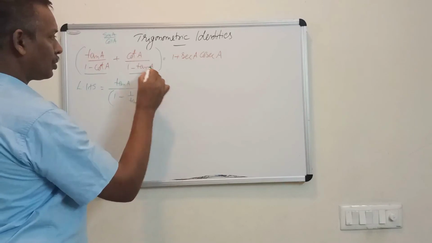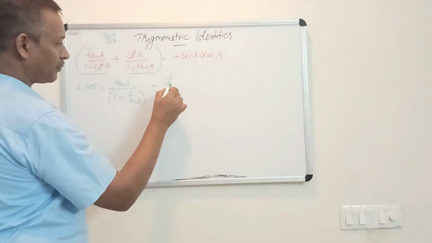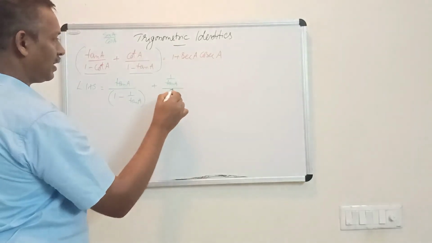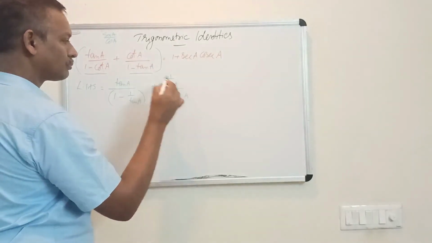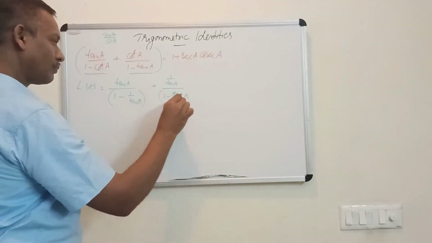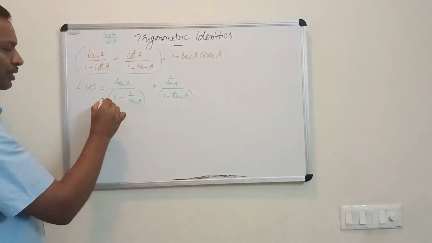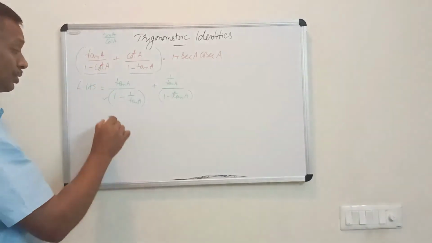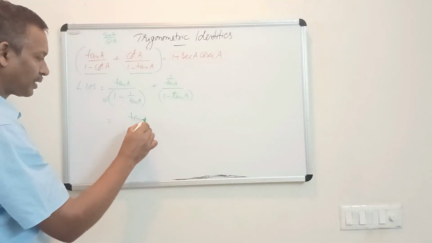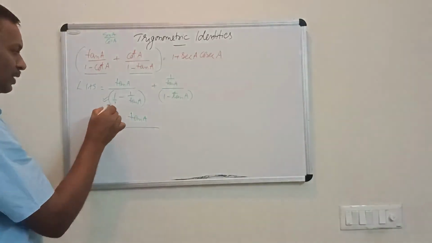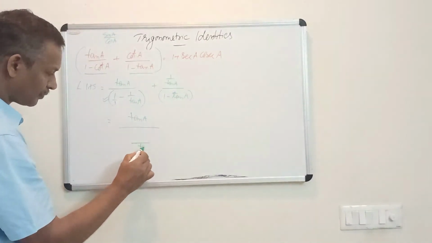Plus, in this numerator, cot I change to 1 by tan A, by 1 minus tan A. Then take the LCM in the denominator: tan A upon, here it is 1. LCM of 1 and tan A is tan A.